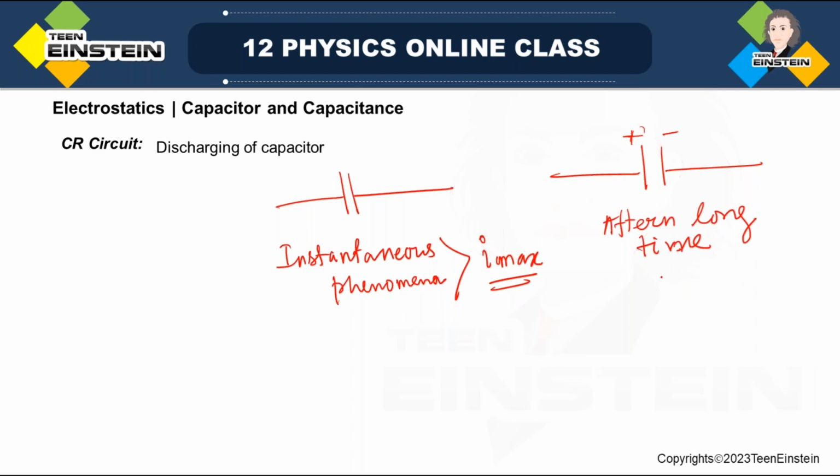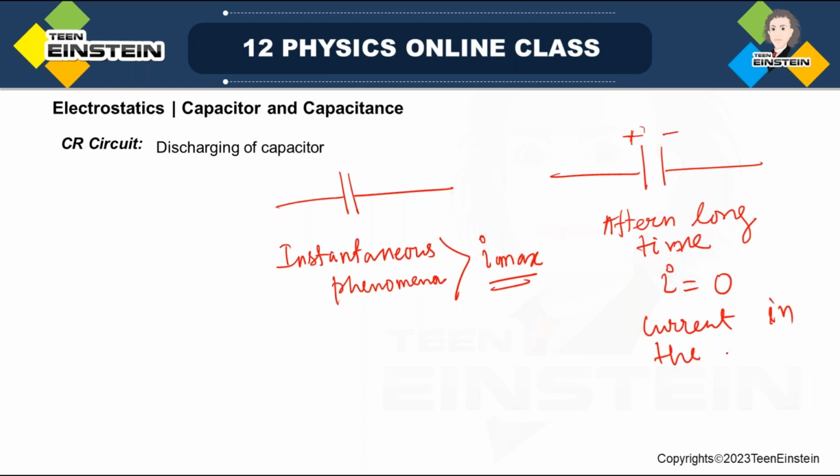So after a long time, the current in the circuit will be zero, I is equal to 0.